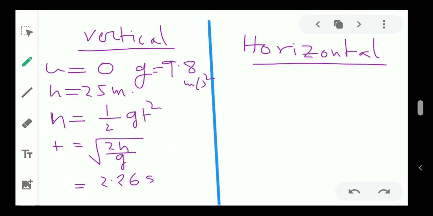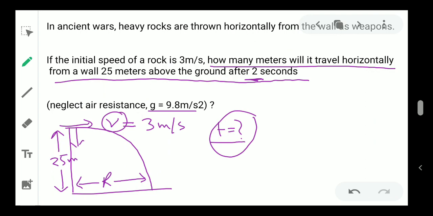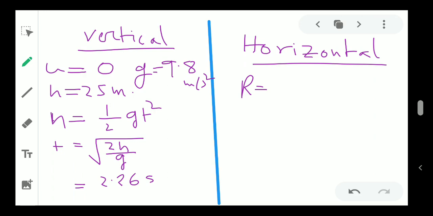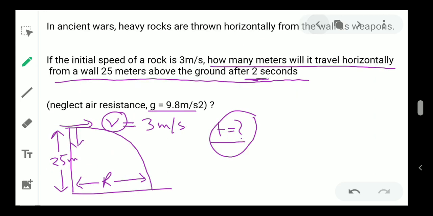So I can easily find out r using this formula, r equal to, so I don't have to find out r here, right? Because how many meters will it travel horizontally after 2 seconds? It would be r when this time I will be using. That means if r equal to ut and I am using this t, my initial velocity I know that is 3.